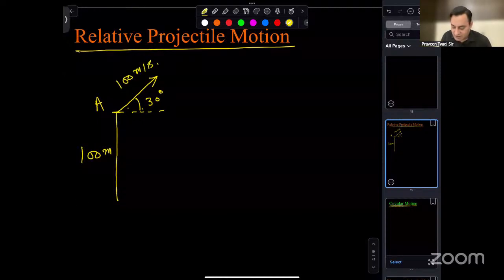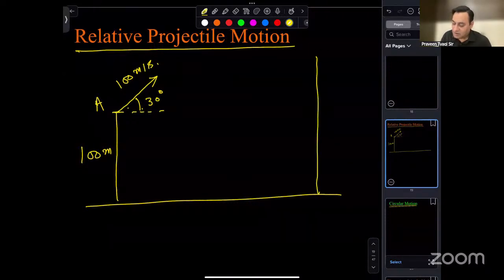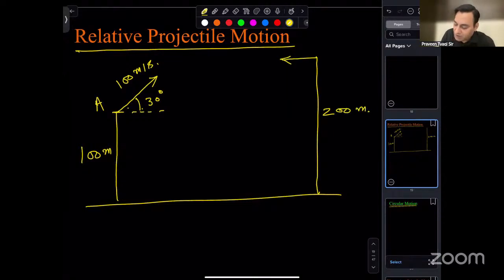And there is another building which is 200 meters tall. From the top of this building, I am going to throw a body horizontally with 200 meters per second. So the vertical component is 0, horizontal is 200 meters per second.